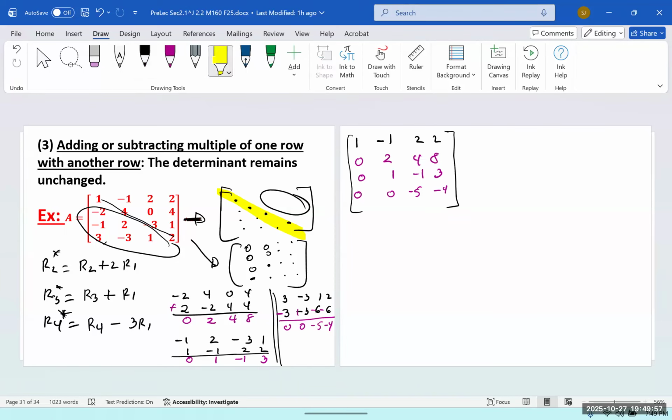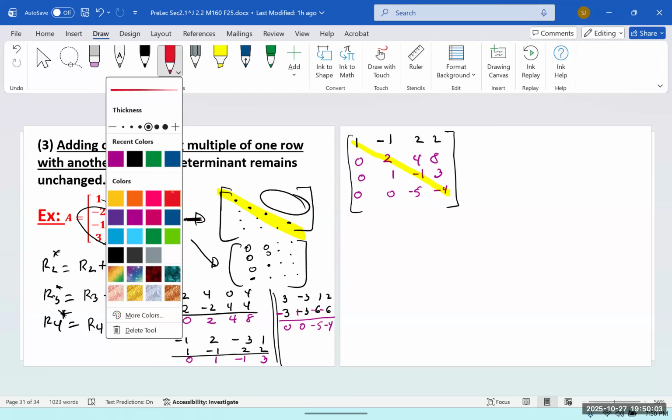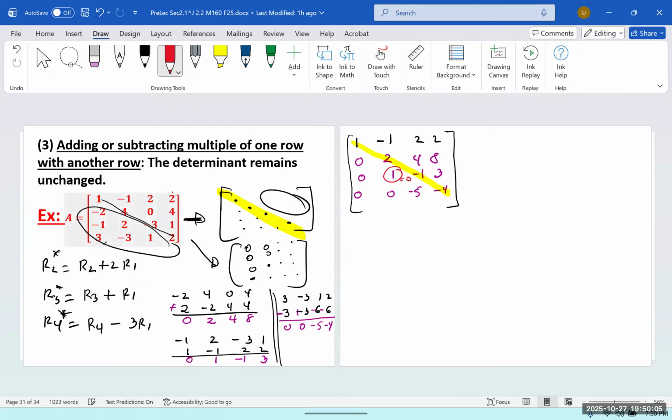We still don't have our diagonal. So we want, let me change this color to red, we want this to be 0 and this to be 0. We can do inspection, and it will be easier if you get only one more 0.